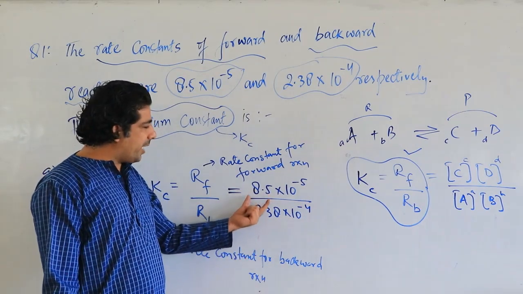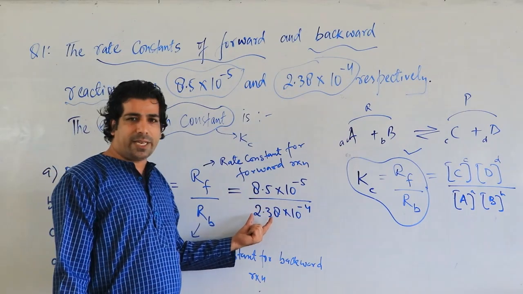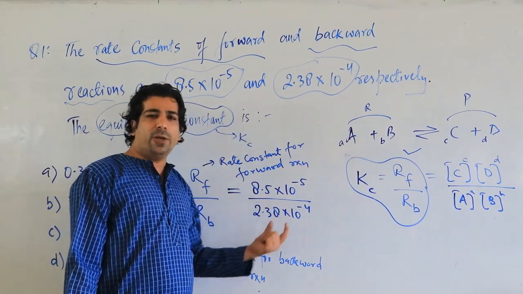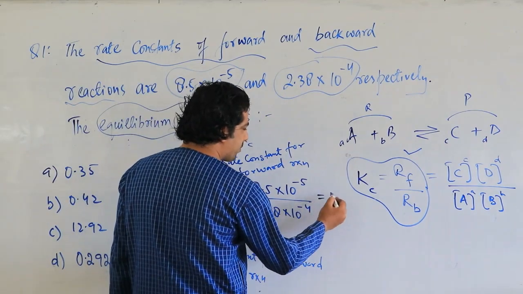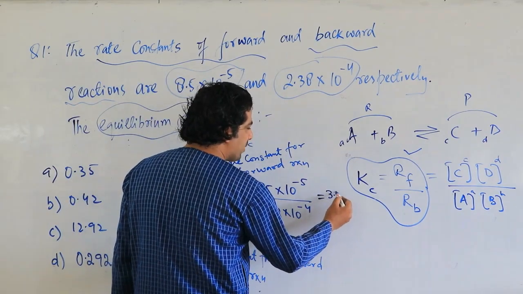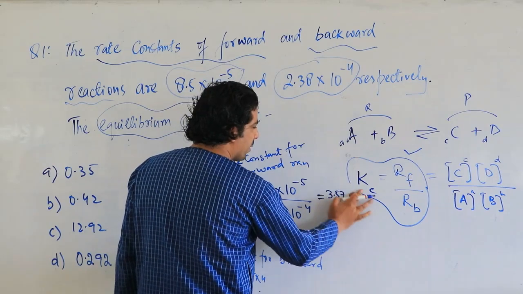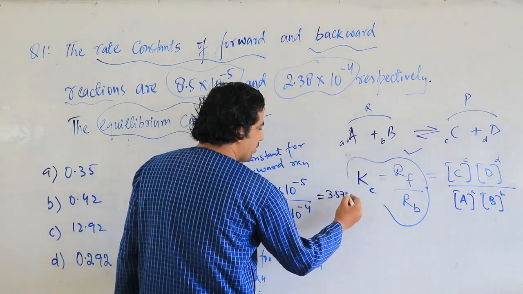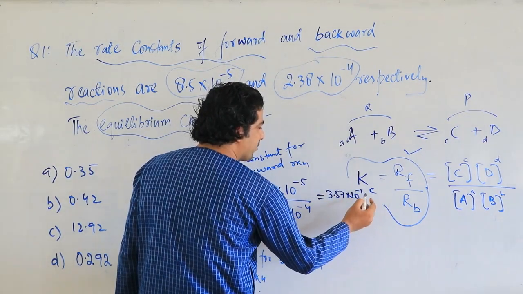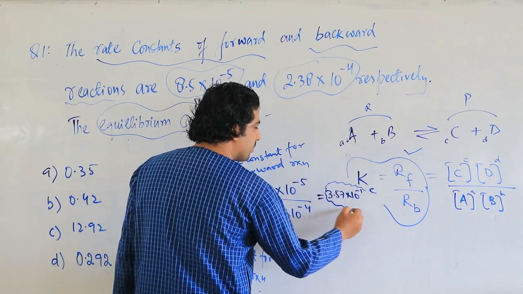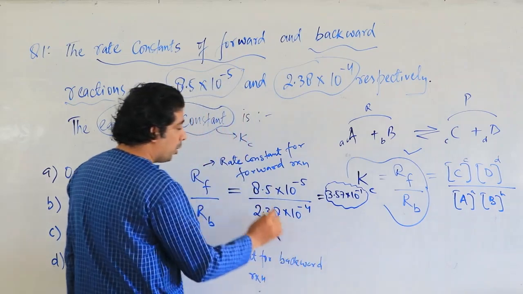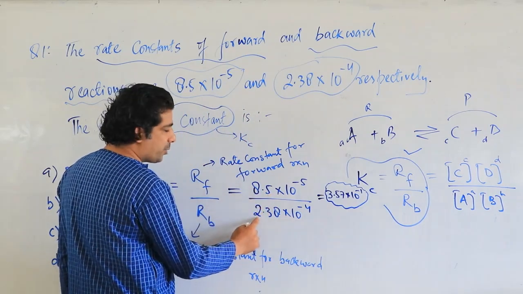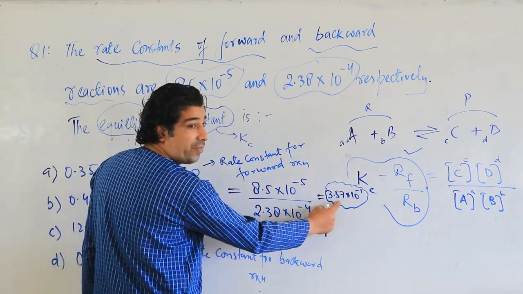And if you divide 8.5 by 2.38, what is the value you are supposed to get here? You will get 3.57 into 10 to the power minus 1. So 8.5 divided by 2.38 will give you 3.57.